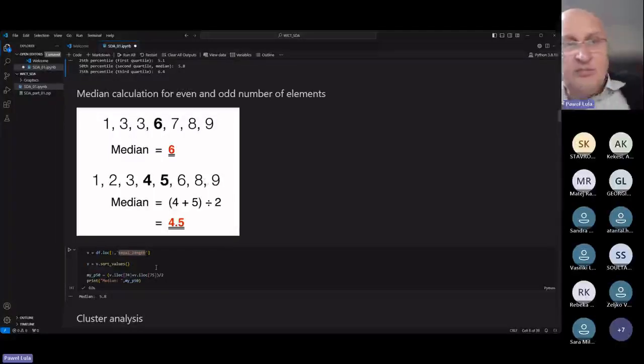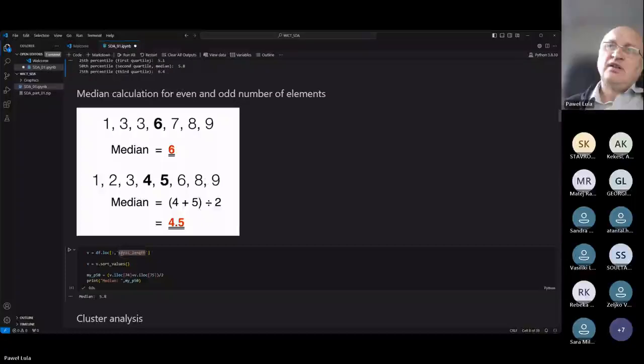How can we manually calculate percentiles and quartiles? As I said before, we can sort values. Here in this sequence V, I have elements from the sepal length column of our data set. I sorted them.